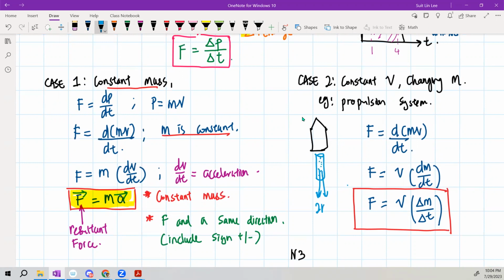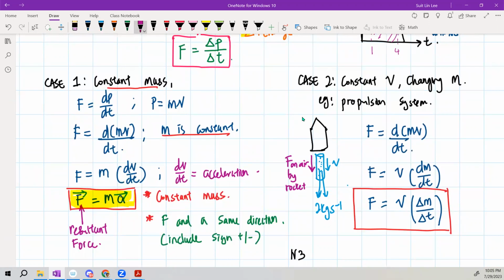I mean, this is obviously an idealized version of the air, but the air will come out this way, I don't know, 2 kg per second. Then it comes out with a certain speed v. Okay. So obviously for this air to shoot out, you will need a force here. This force on air by rocket.